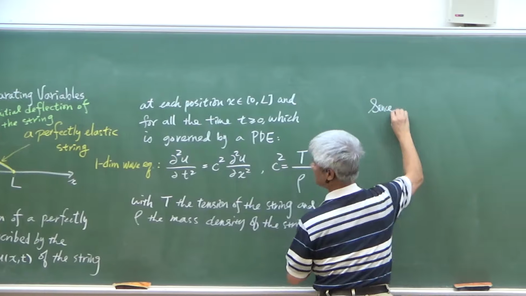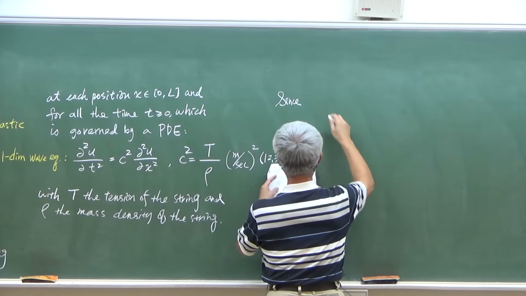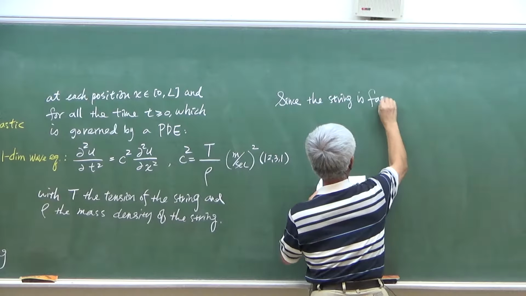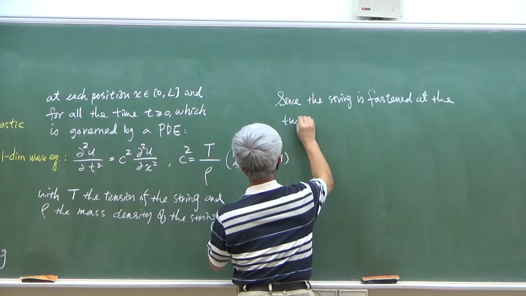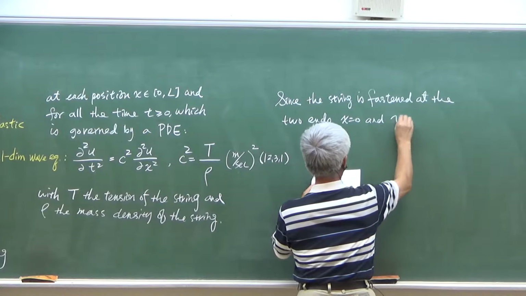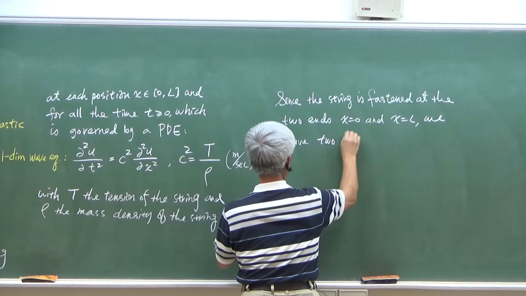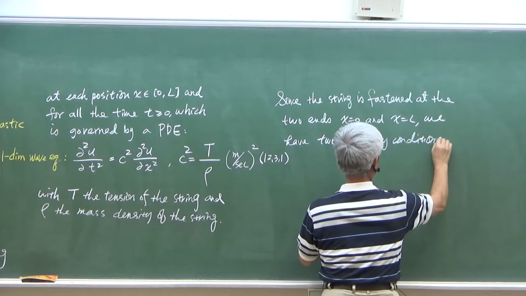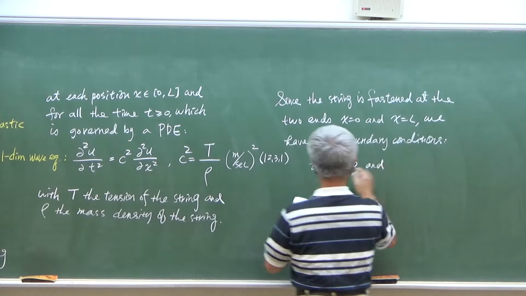Now, this is 12.3.1. Since the string is fastened at the two ends, x equals 0 and x equals L, we have two boundary conditions: u(0,t) equals 0.